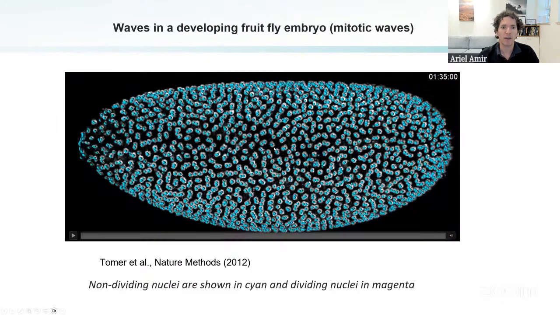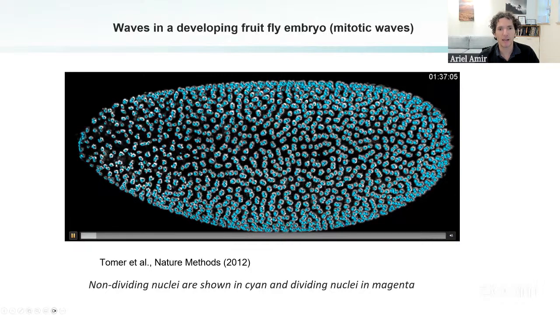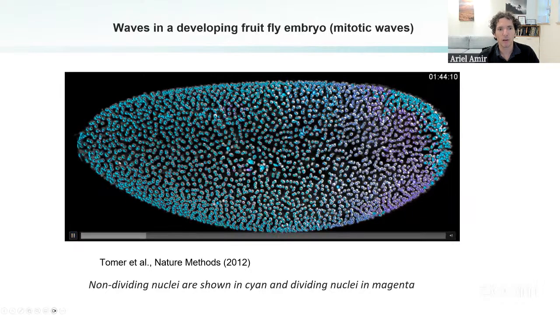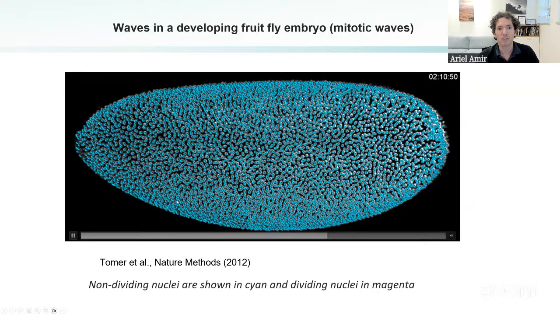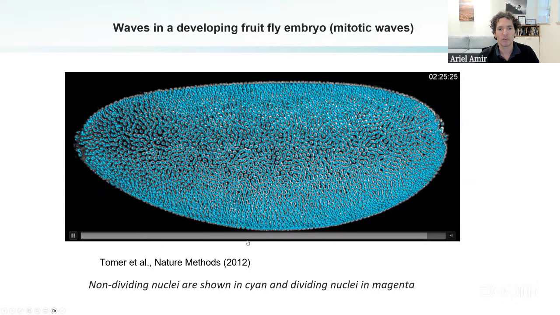So what you have here, you want to synchronize the division of these nuclei, and this is done by a molecule that diffuses, but is also produced by the system in a positive feedback way, and that leads to these beautiful purple waves that propagate across the system and leads to synchronization of the nuclear division.